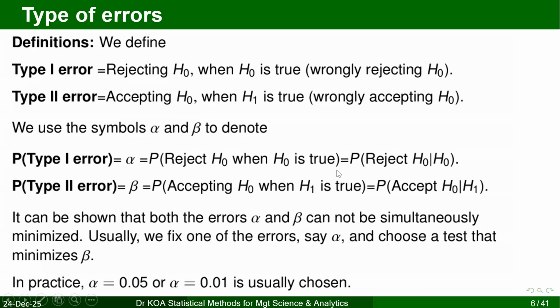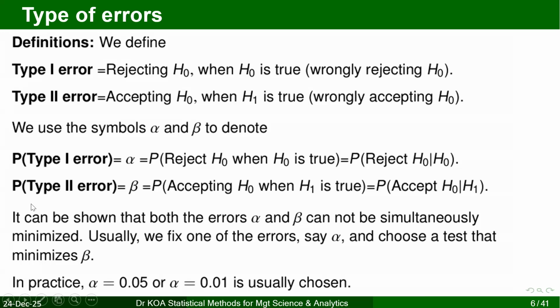So the probability of rejecting the null hypothesis when it is true, given H0, is alpha. And the probability of accepting a null hypothesis when it is false is a type 2 error. That's beta. Keep those in mind. Write them down if possible.